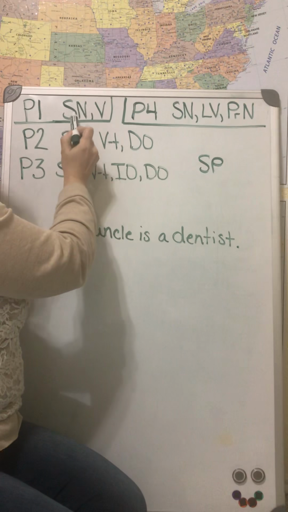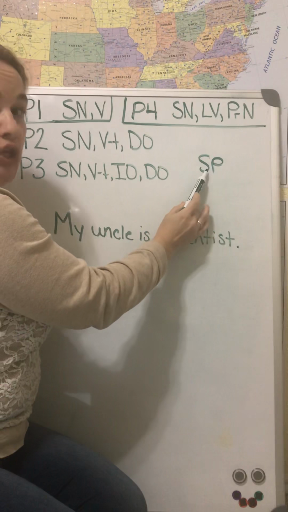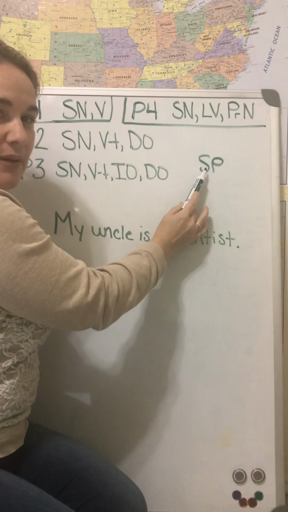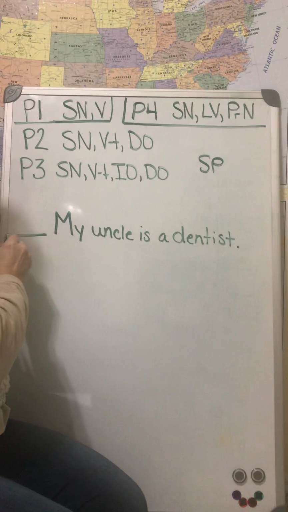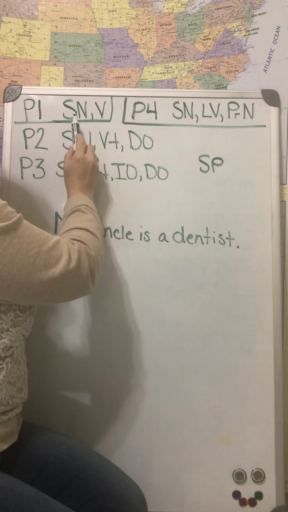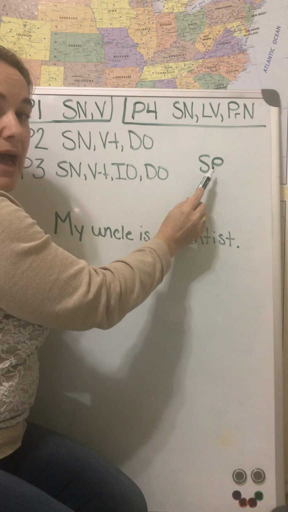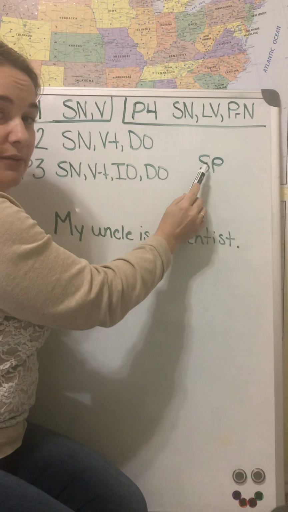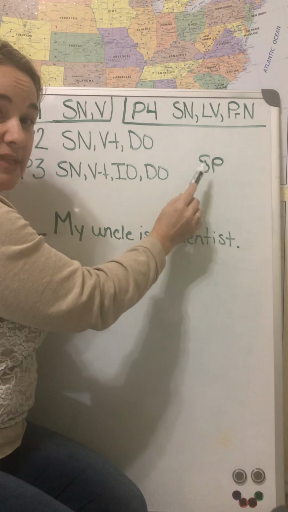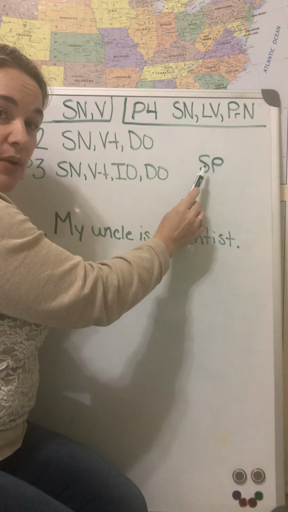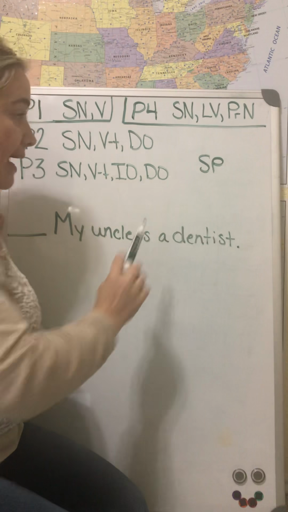This will not change to subject pronoun, even if you labeled it as the subject pronoun in the sentence. When you list your sentence pattern out here at the beginning of the sentence, it will still say SN, even though you labeled your noun in the sentence as a subject pronoun, because a pronoun took the place of the noun. So I hope that makes sense, and if it doesn't, have your parents let me know. I need to clarify this a little bit better, okay?